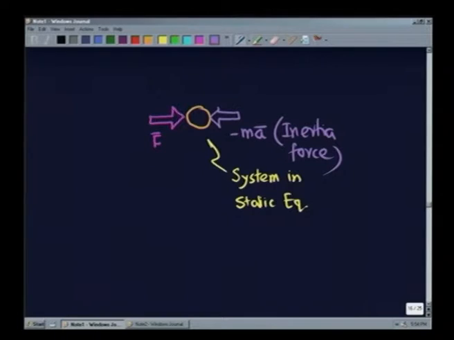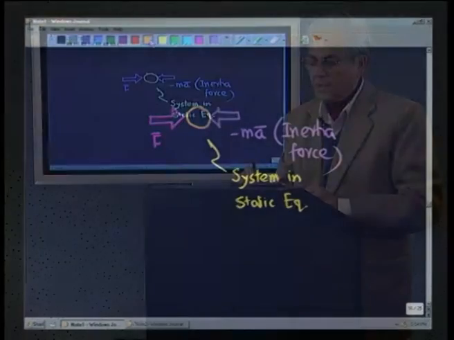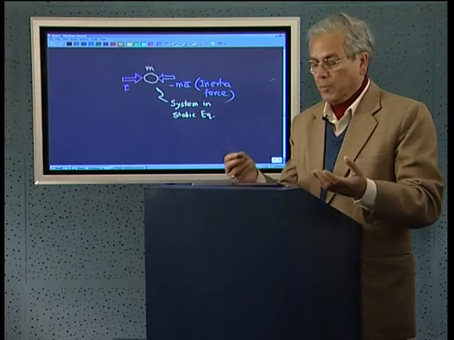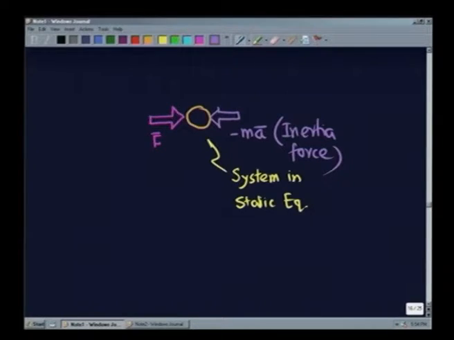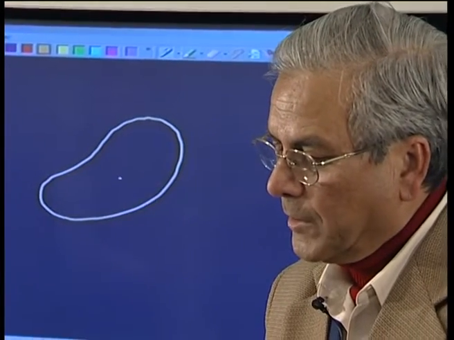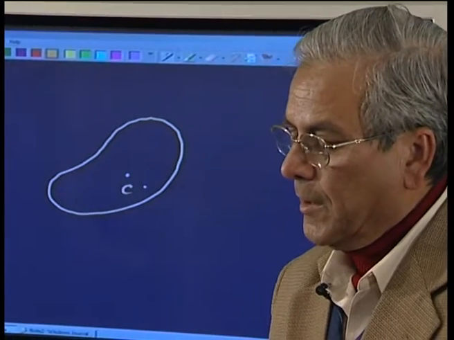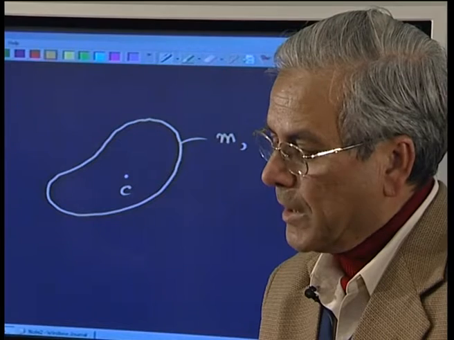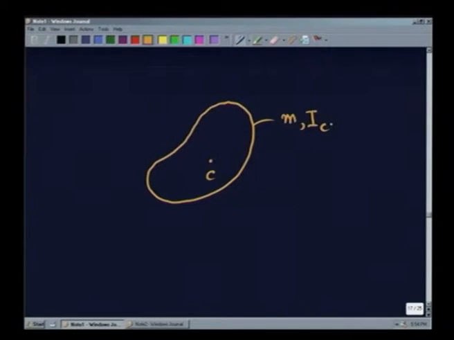Now, this is for a particle. Let us extend this to an extended rigid body. So, we draw our old friend, the rigid body, whose center of mass is c, its total mass is m, and its moment of inertia about an axis passing through the center of mass is I c.